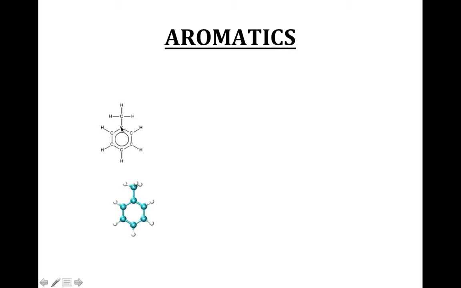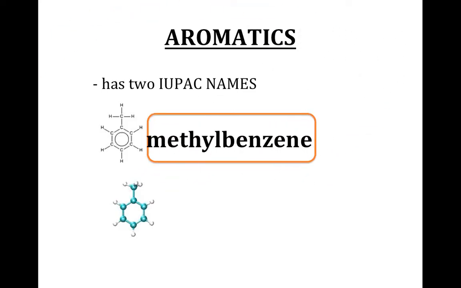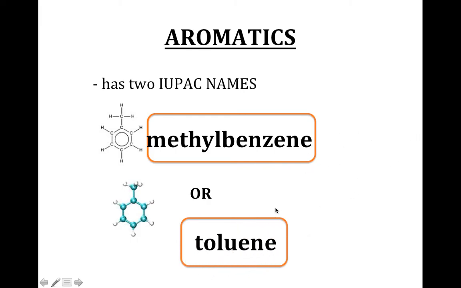We don't have to say 1-methylbenzene because we've given enough information. There's only one methyl. It could be on any of those carbon atoms. So there are 2 IUPAC names we can get away with. There's our methylbenzene. But a lot of times chemists like to cut down on a few letters, see a smaller hockey rink. And so this is called toluene as well.